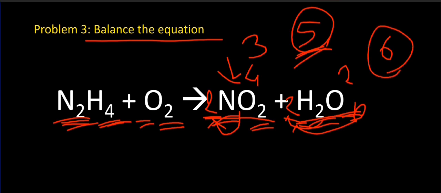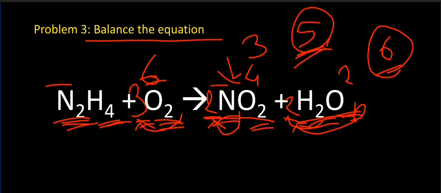And to balance the number of oxygen atoms on each side, we can now do something. We can put a 3 here, and then the number of oxygen atoms will be 3 times 2, 6. And here we had 6 oxygen atoms, and now we have 6 oxygen atoms on the reactant side too. That means we have balanced the whole equation. Why? We had 2 nitrogen atoms here, and here we have 2 nitrogen atoms too.